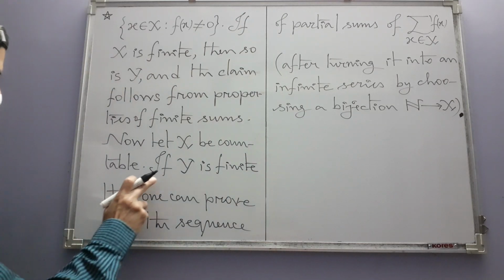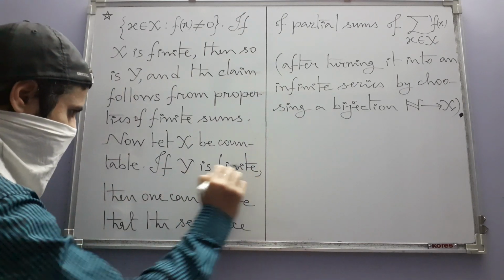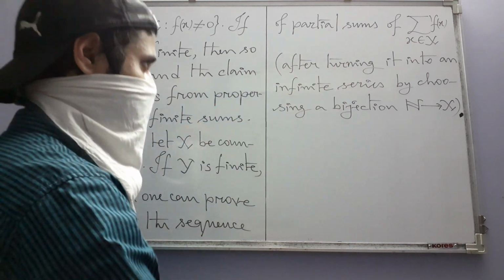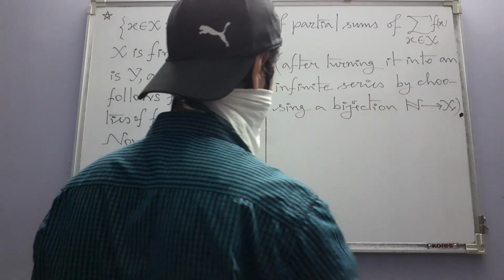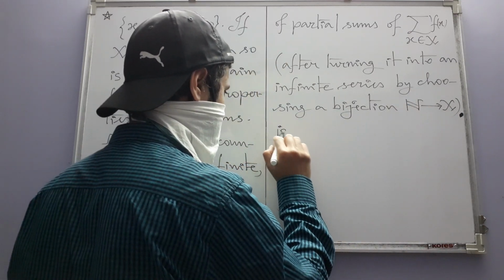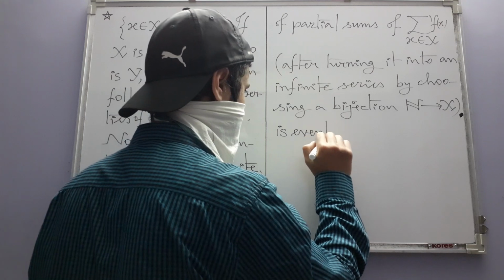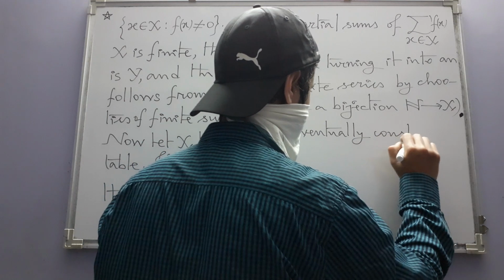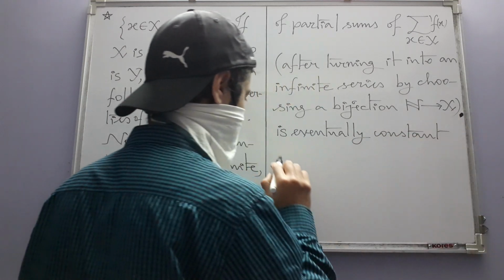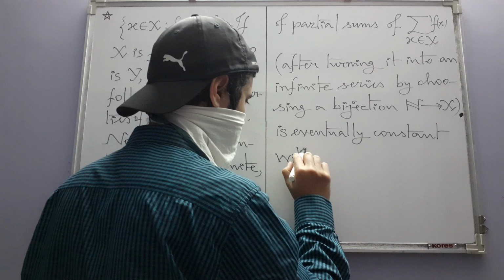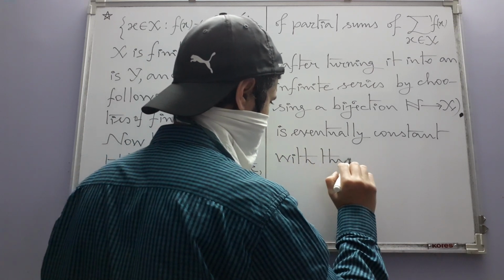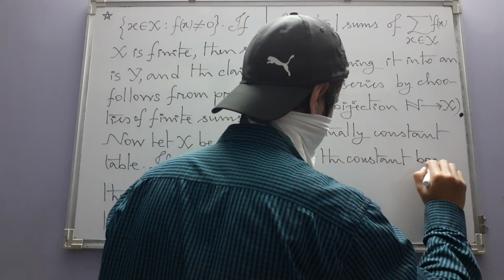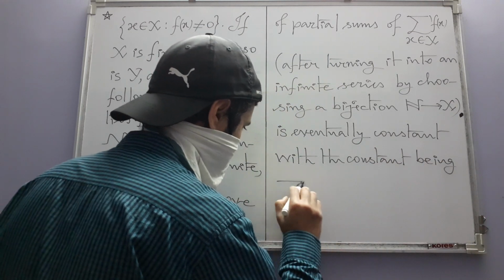So what are we saying? If y is finite, then one can prove that the sequence of partial sums of this, after turning it into an infinite series by choosing such a bijection, is eventually constant with the constant being this.